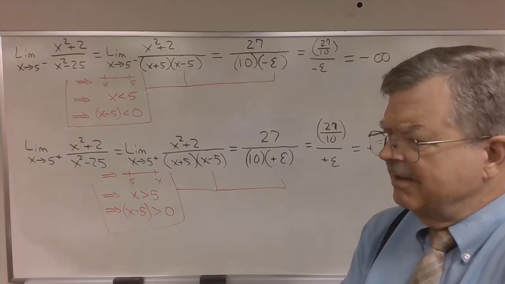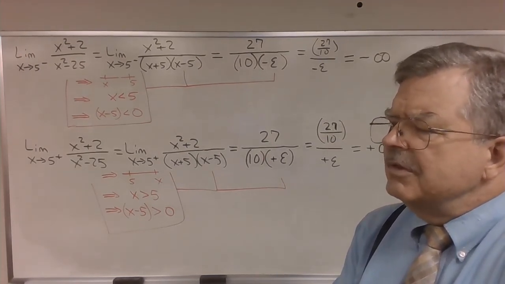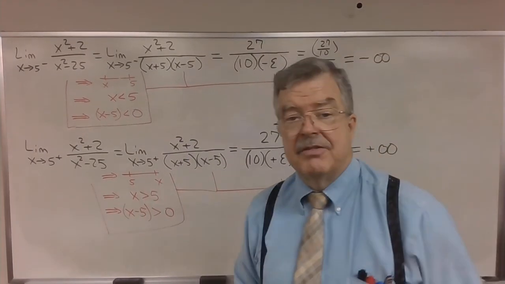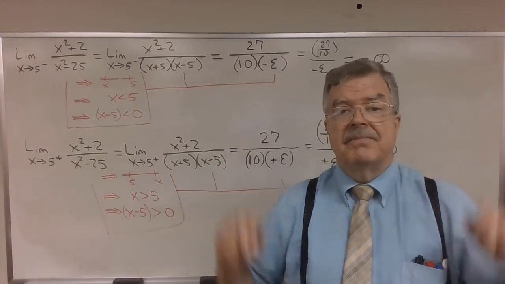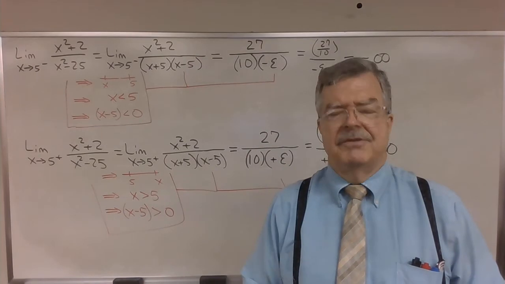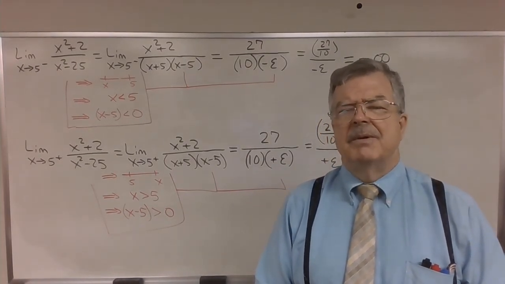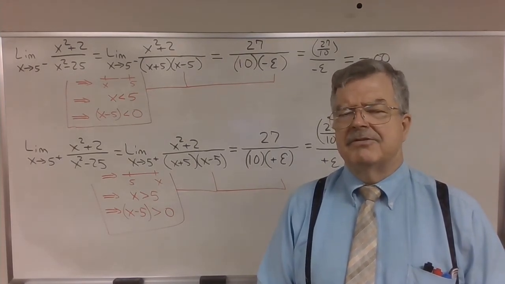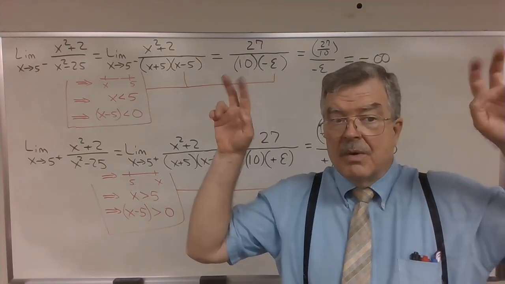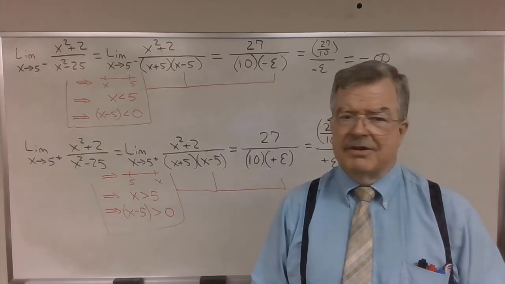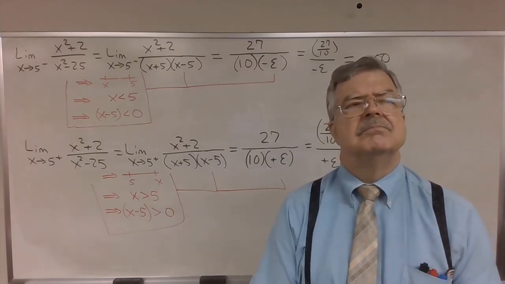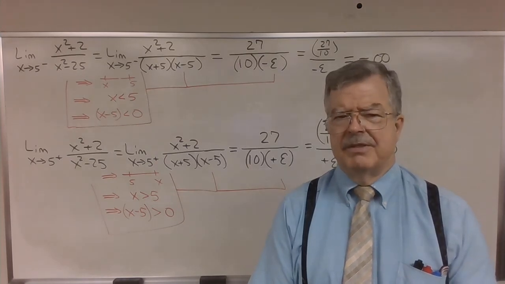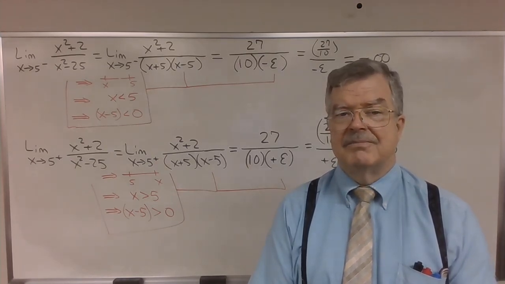And think back. What relationship do the one-sided limits have to this thing that we call, quote, the limit, end quote, where x can approach from either direction? There's an important relationship between them. Do you remember what it is?